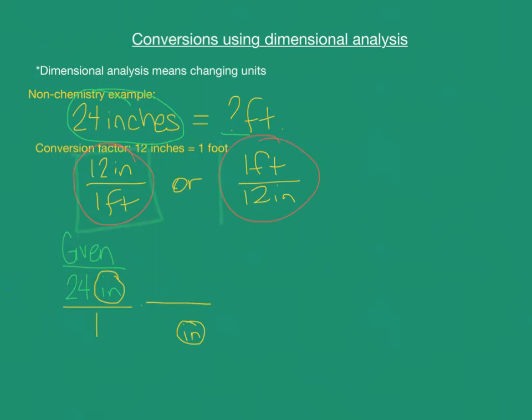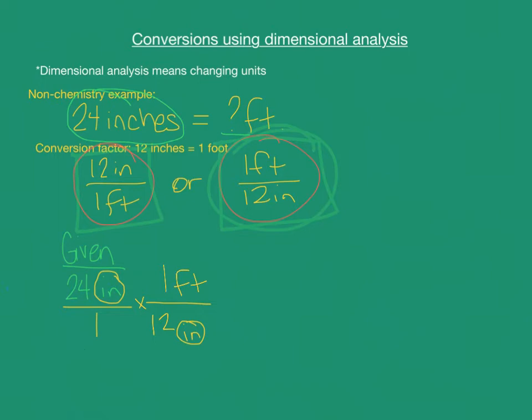This one or this one? Well, when you look at it, you can see that it is clearly this one. So what I would end up writing is I would put 1 foot over 12 inches. And this is a multiplication sign because I'm multiplying fractions by each other. Okay, and this would be my setup.